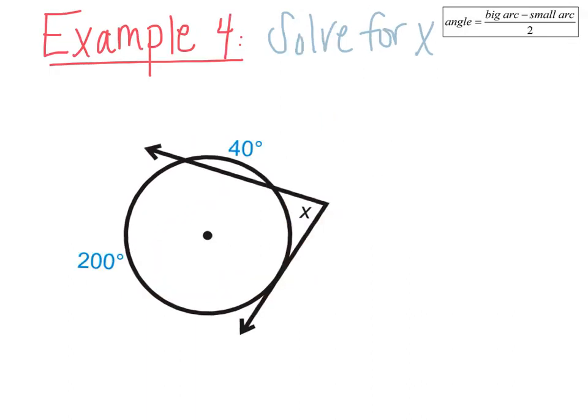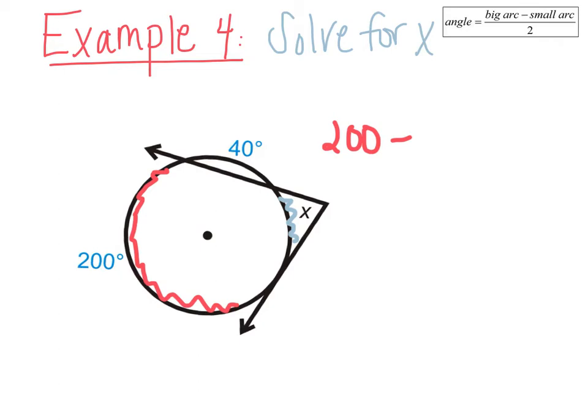Example 4 is done a little differently, and the reason why is because we have the large arc identified at 200, but our small arc is not right in here. But we can find it because we know a whole circle equals 360 degrees. So we have 200 degrees and we have 40 degrees over there, and so we get 240.